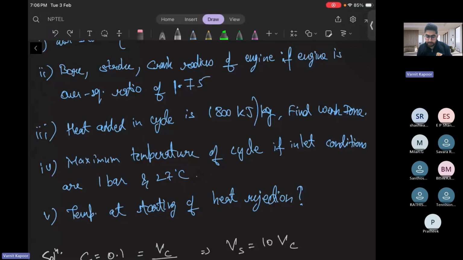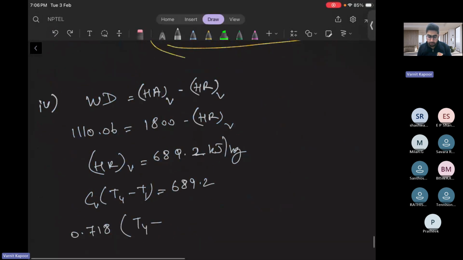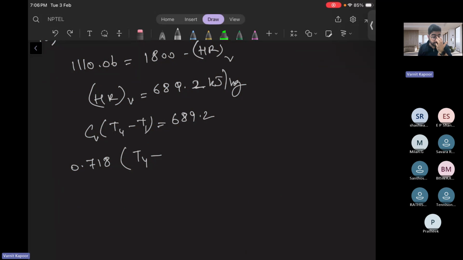Let us put it in Kelvin: 273 plus 27 is 300 Kelvin, all units in SI. So T4 will be 1259.8 Kelvin. You got the T4 value.